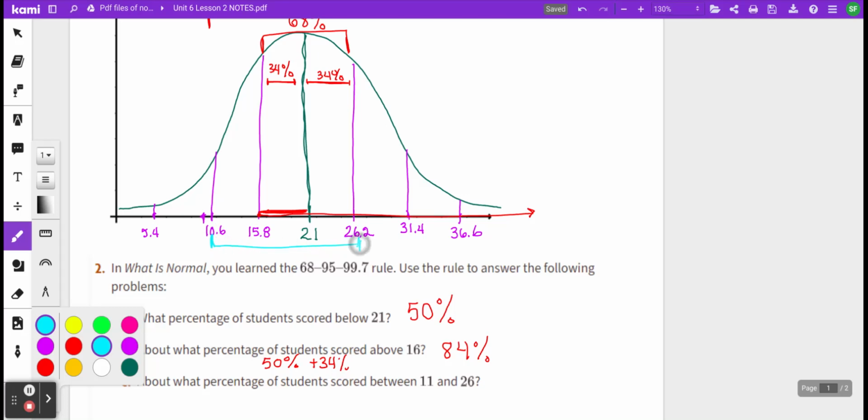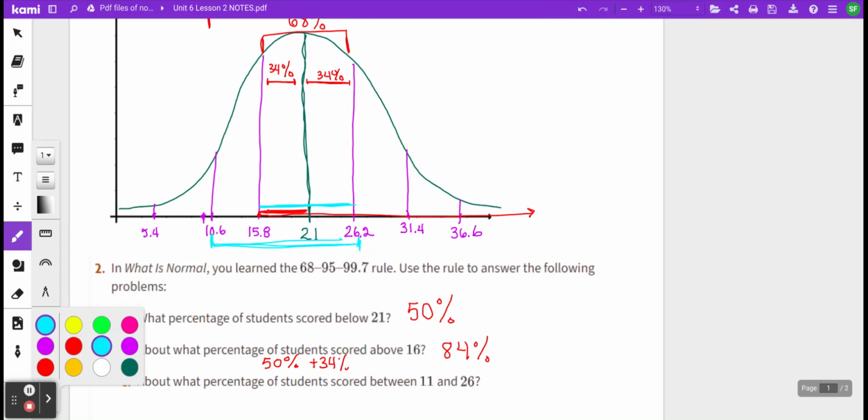How much would that be? So that's 11 to 26.